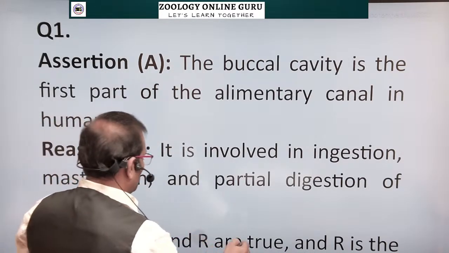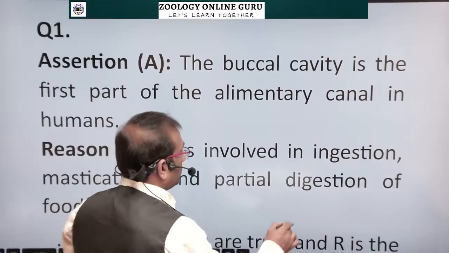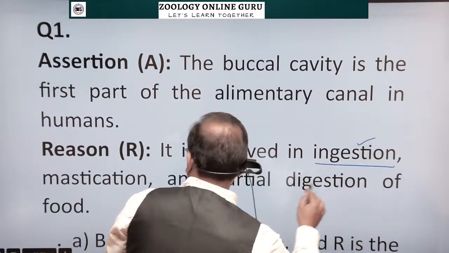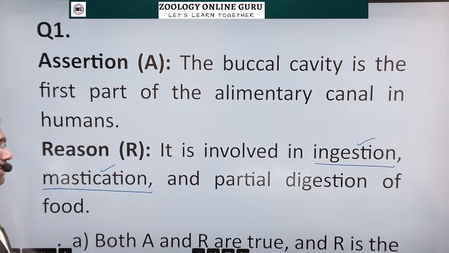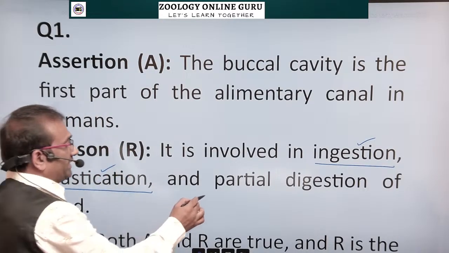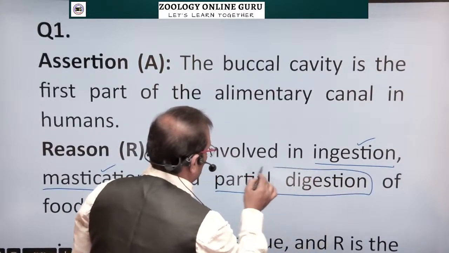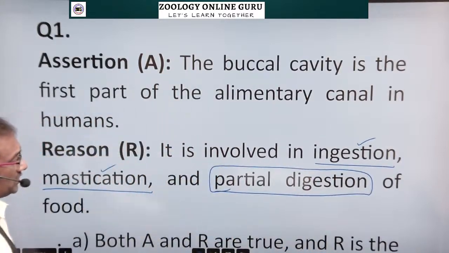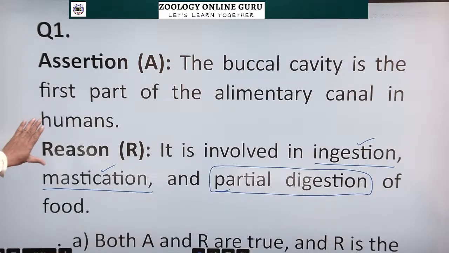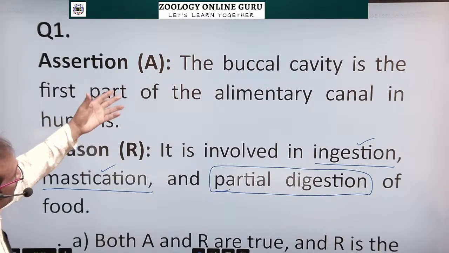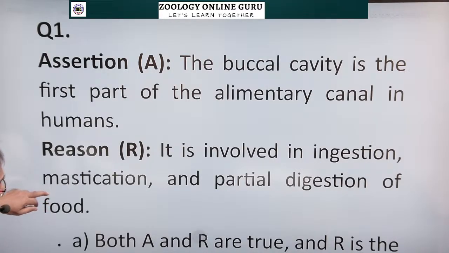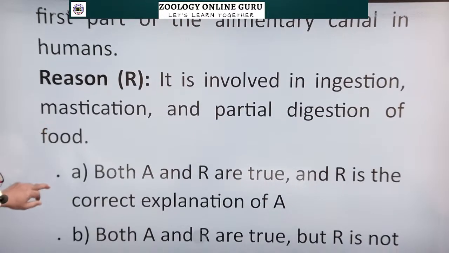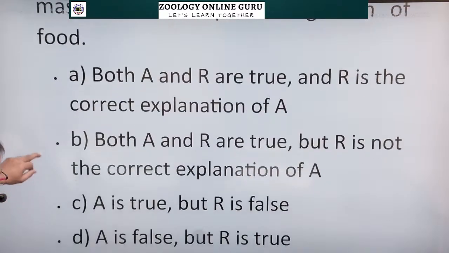Yes, it ingests the food, teeth masticate it, and carbohydrates are digested partially. Both A and R are true, and R is a correct explanation of A. That is the answer.